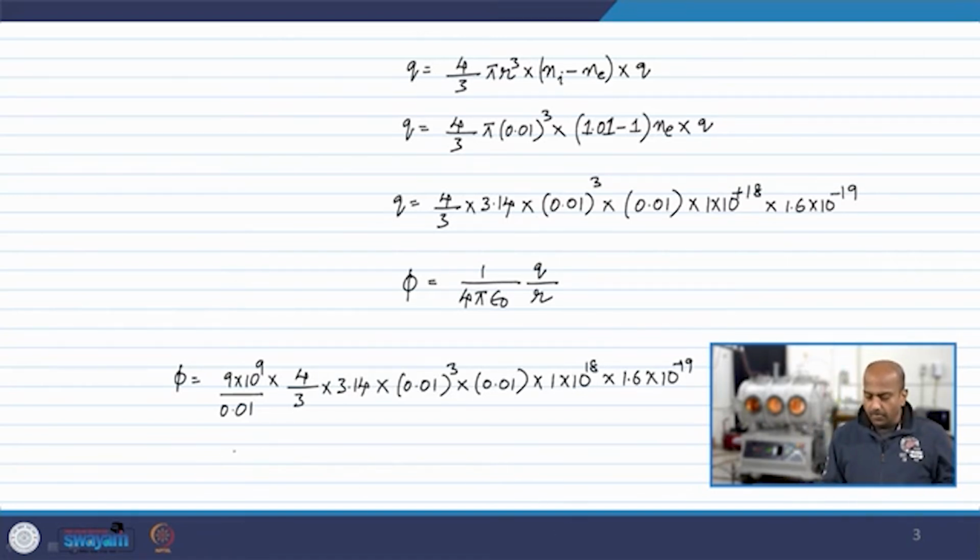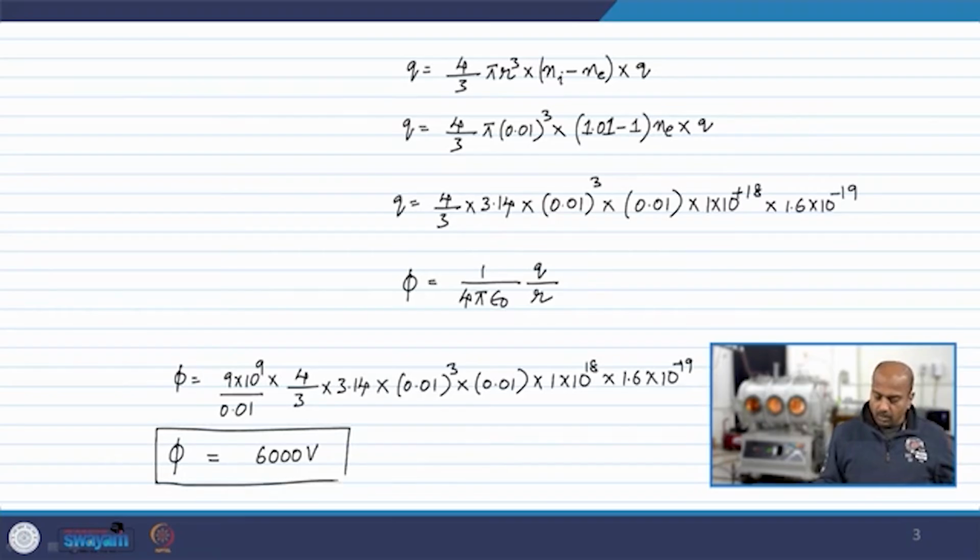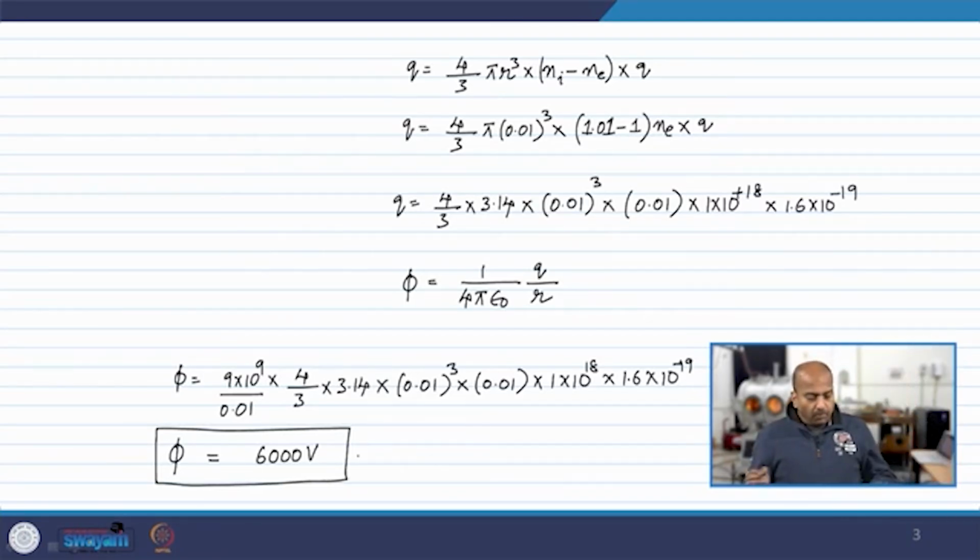So, if you use a calculator, what you will realize is that this entire product on the right hand side will be approximately equal to 6000 volts. The potential is 6000 volts. Now, the point that I am trying to convey is that the imbalance between the number of electrons and ions within the sphere is only 1%.